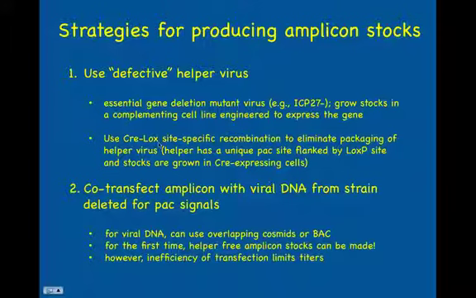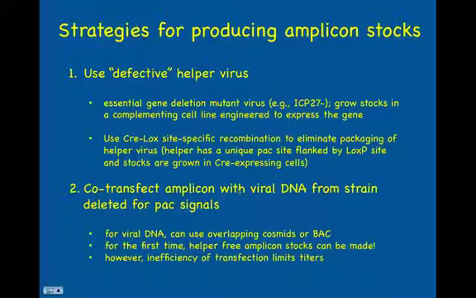That way you can use the wild-type version of the virus to grow up in a different cell type, use it as this helper virus, eliminate the packaging signal, and then infect the next generation of virus into this cell line that you can put your Amplicon in.